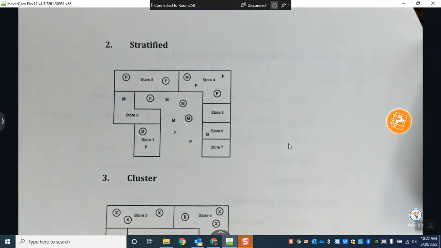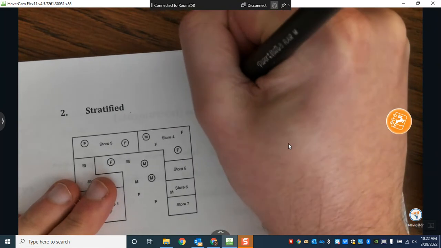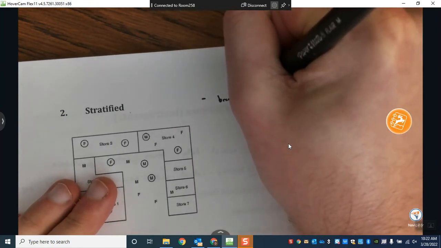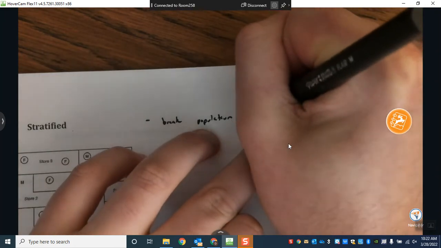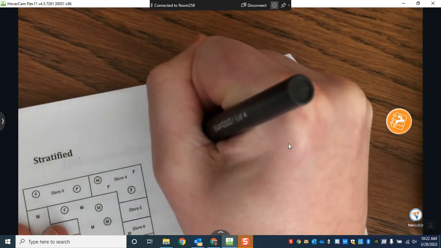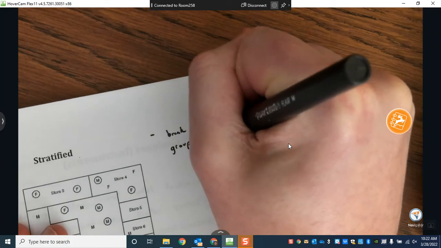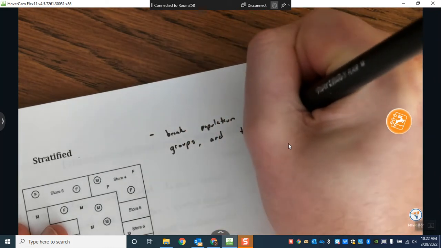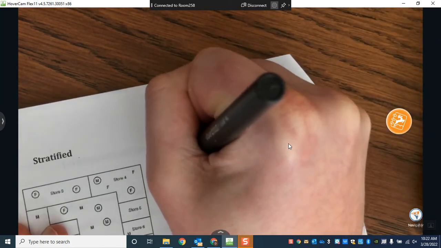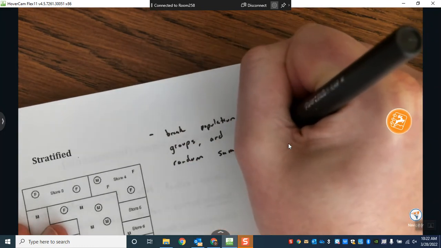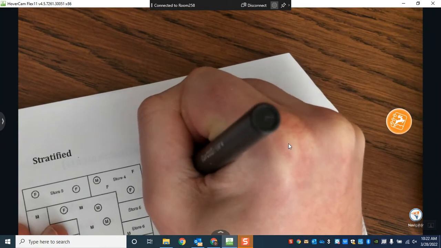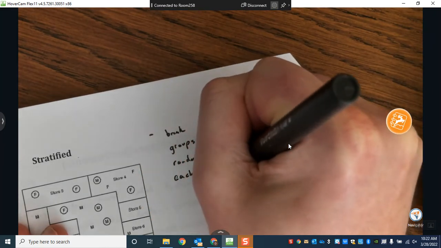A stratified sample is where you break your population into groups and take a random sample from each group.